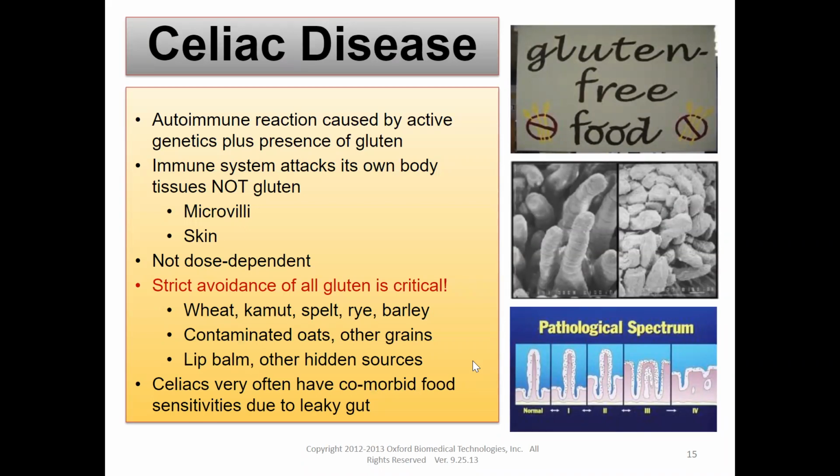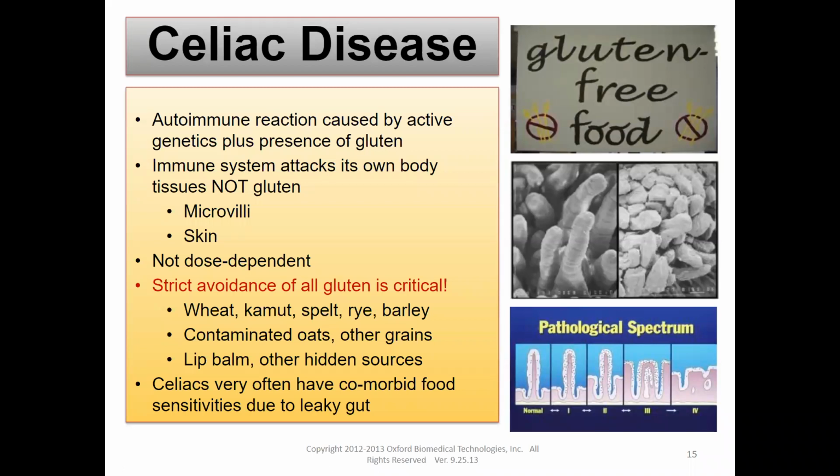Celiac disease is an autoimmune reaction that is caused by, again, your propensity to develop this disease, plus the presence of gluten. So again, what happens here is that the immune system is confused, so that adaptive response is confused, so it begins to attack its own tissues.